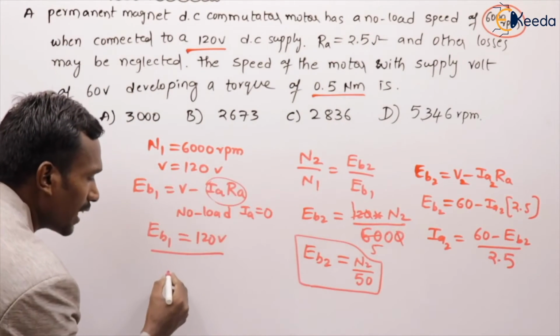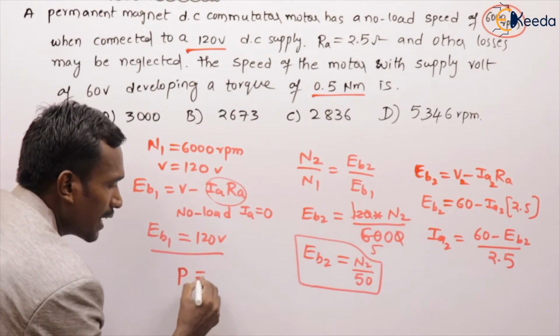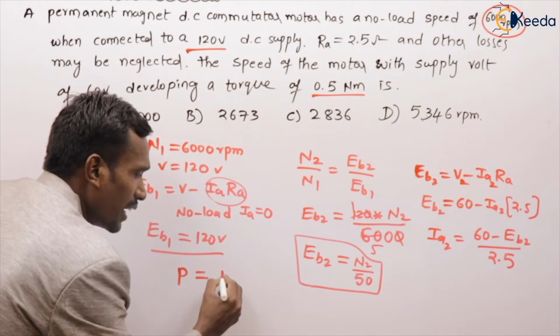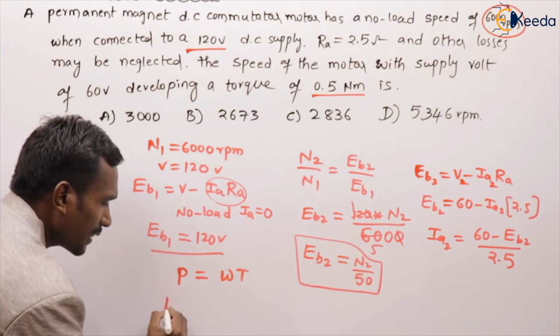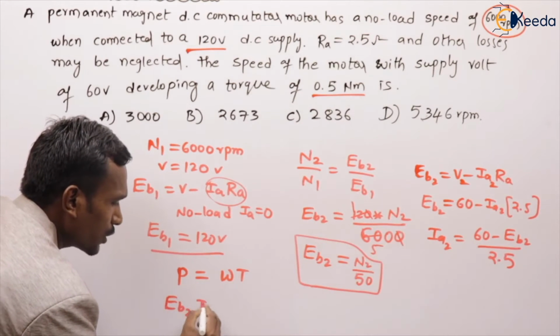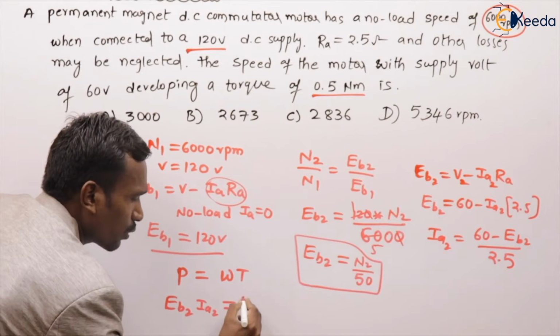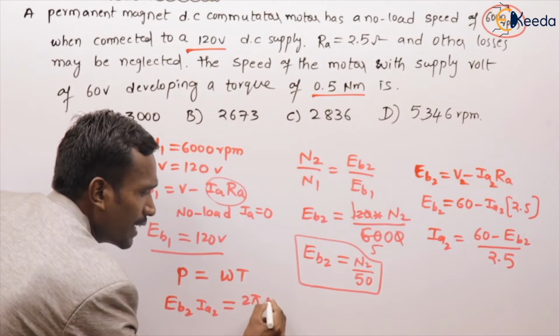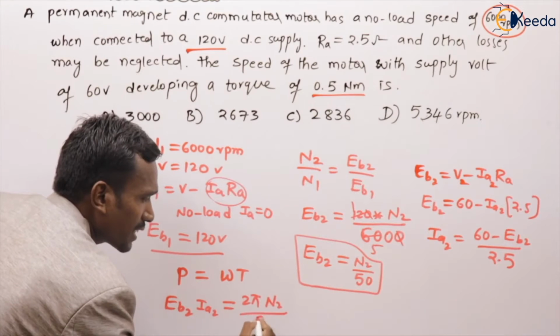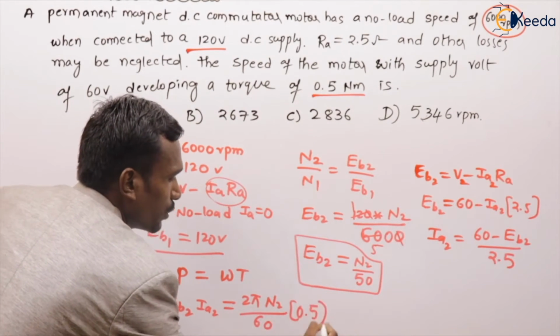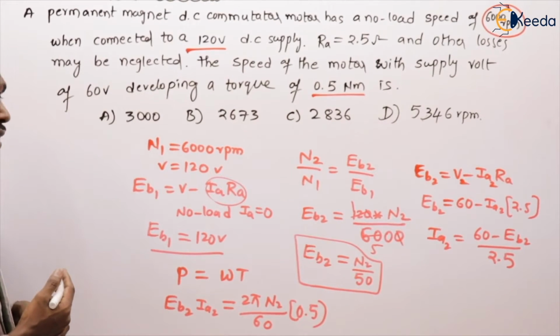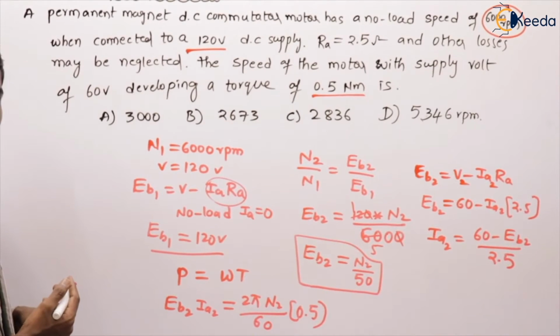How? Generally, P is equal to T into omega, or omega into T. P, nothing but EB into IA, is equal to 2 pi N2 by 60 into T. T they have given 0.5 Newton meters. Right?